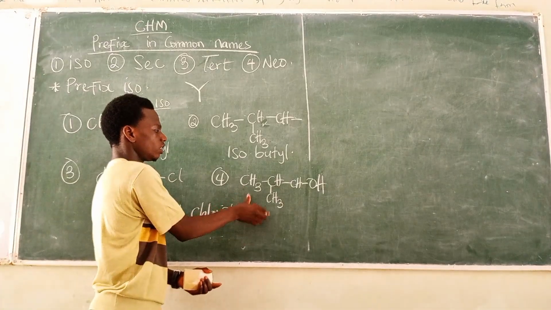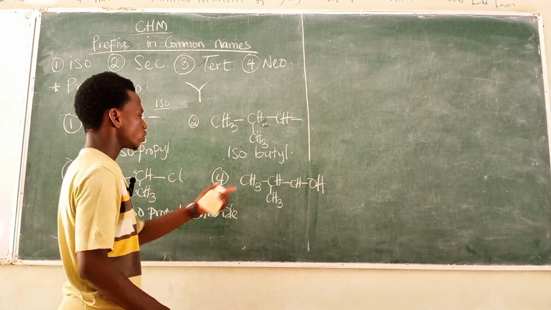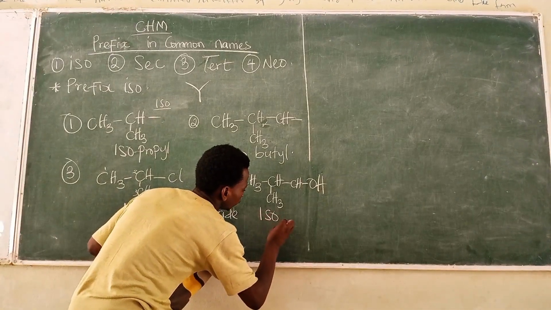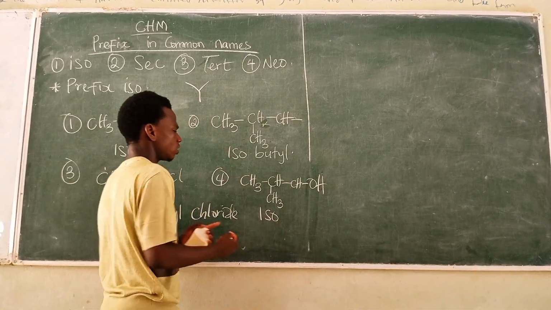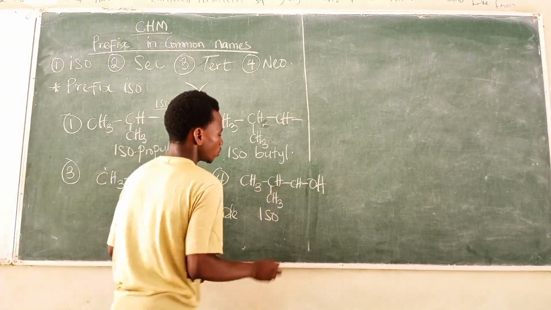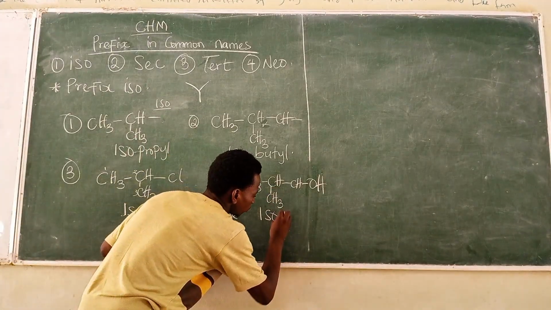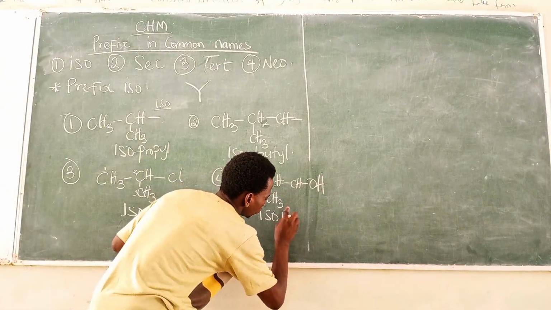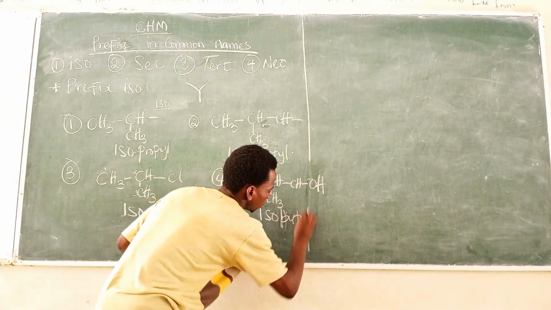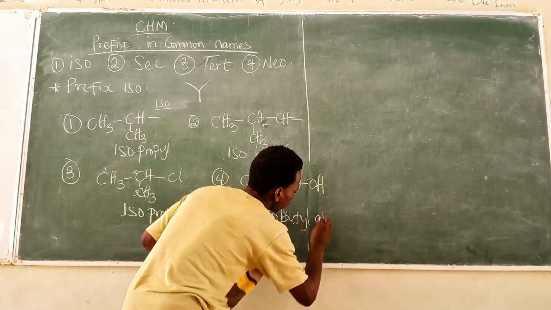Now we can see the iso being indicated. So the common name of this is iso, but now it's not going to be isopropyl because of the 4 carbon atoms. So instead the name is isobutyl alcohol.